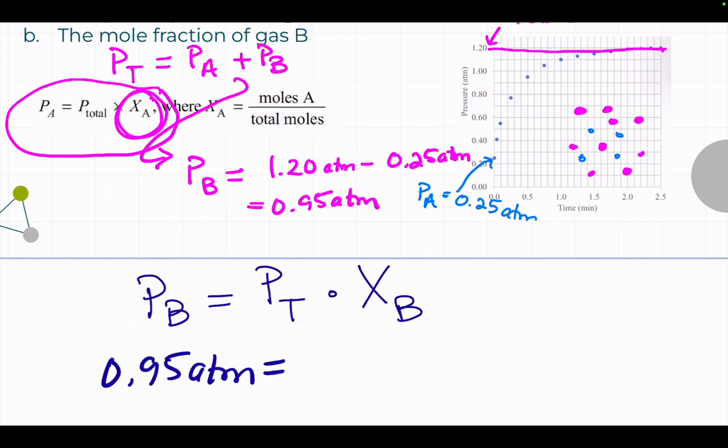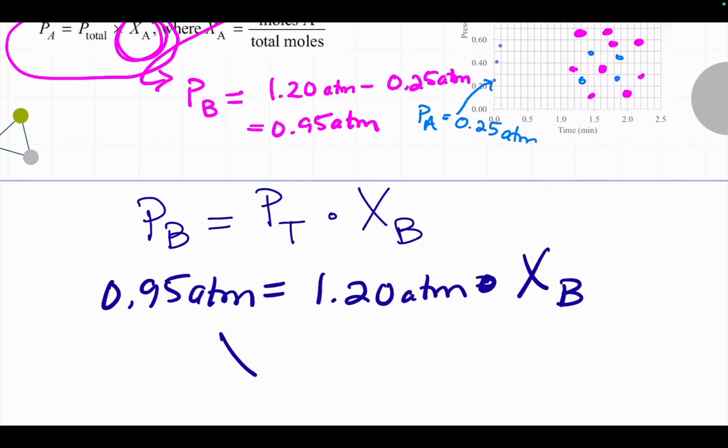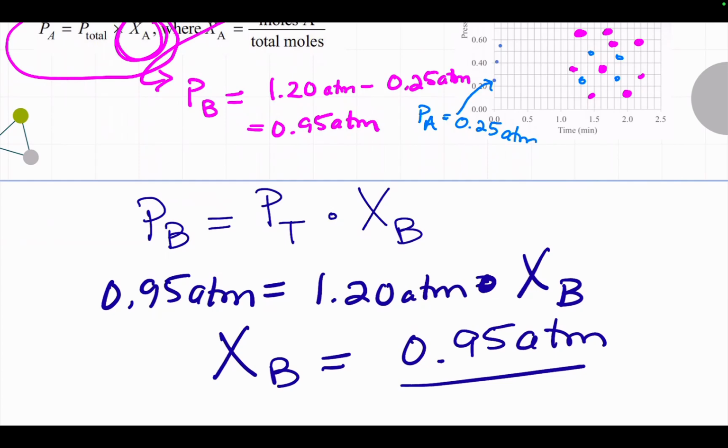The total pressure is still 1.20 atm, and that will be multiplied by the mole fraction. If I solve for the mole fraction, it is equal to 0.95 over 1.20. So I get 0.79 as my mole fraction for the B.